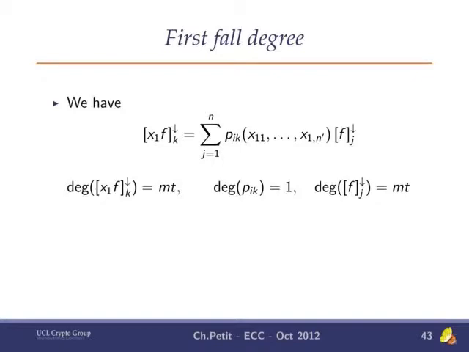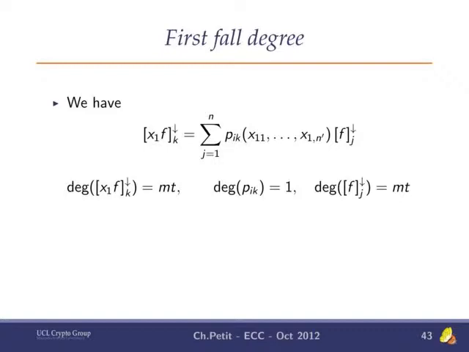So first fall degree: we have that the valuation of x1f is equal to this. Those are polynomials of degree 1. This is a polynomial of degree mt, and we have seen that this also has degree mt, whereas we would expect this to have degree 1 plus mt, equal to mt plus 1.